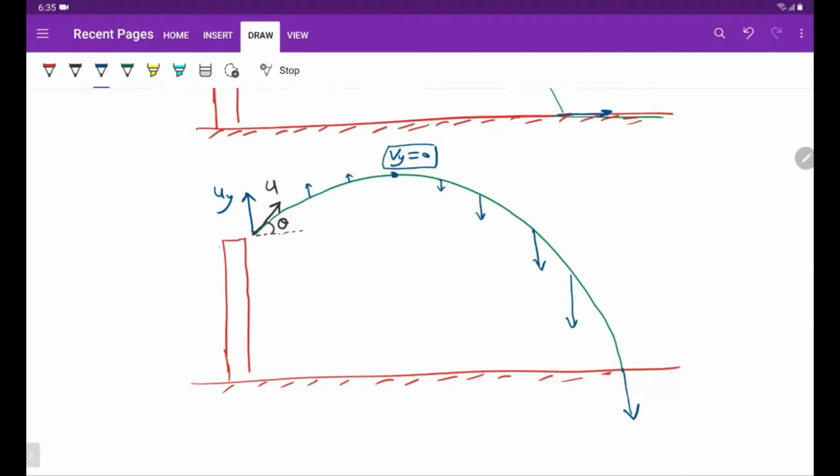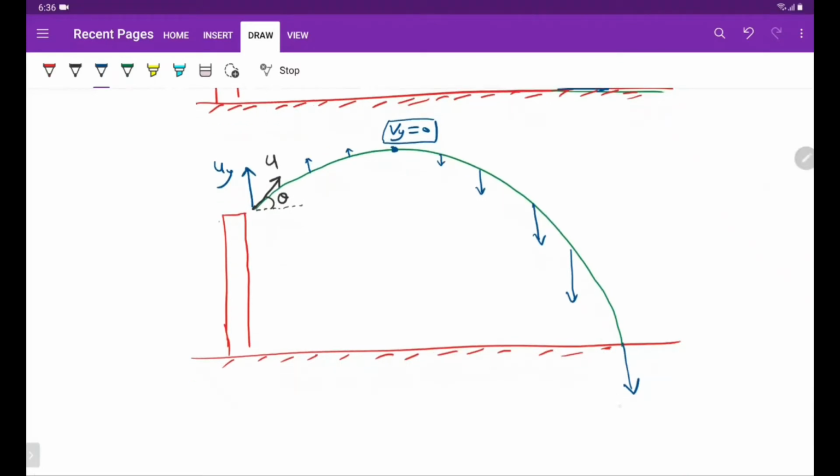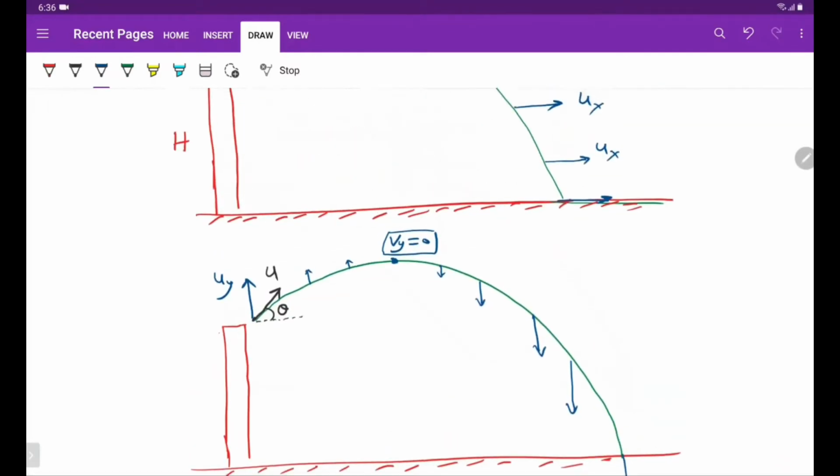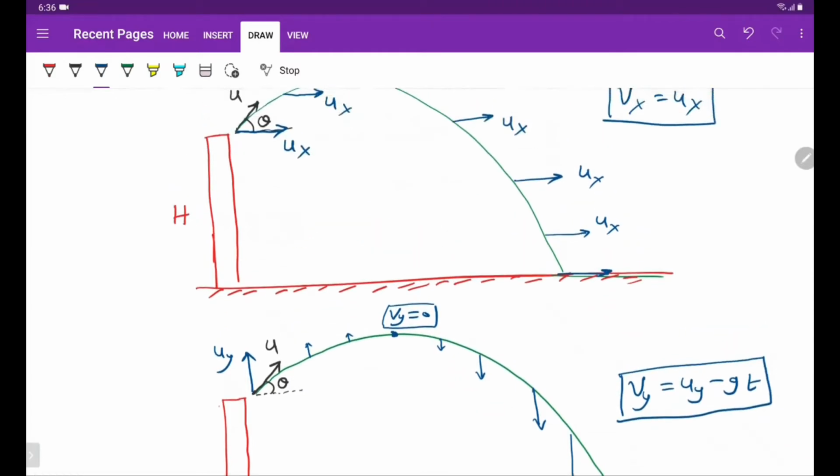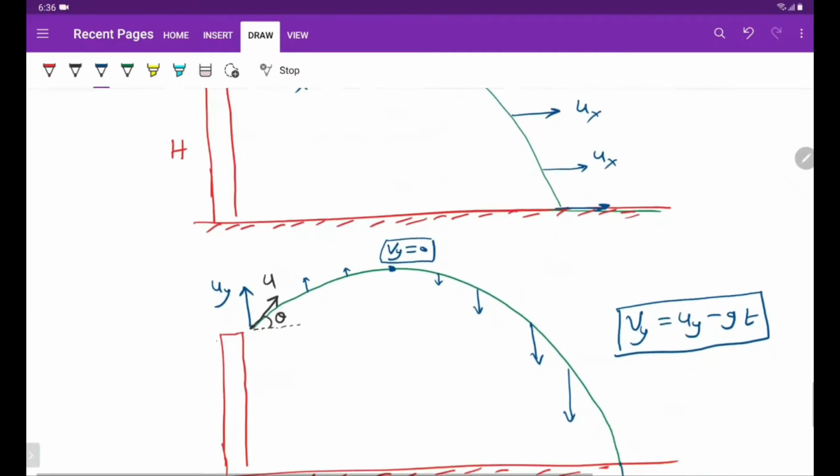The vertical velocity is very large just before hitting the ground. So Vy changes: Vy is equal to Uy minus gt. That is the reason Vy changes. When it is going up, Vy decreases; when it is coming down, Vy increases.